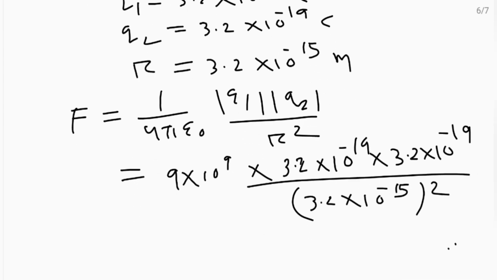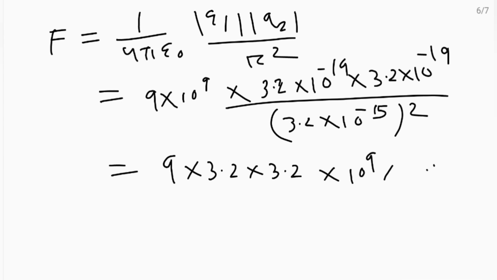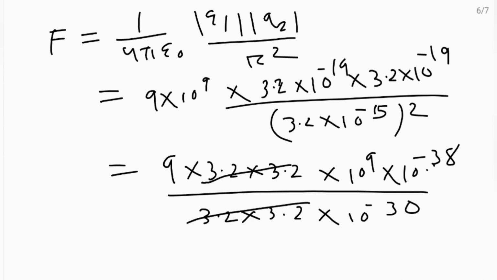So if we solve this, what value will we get? 9 into 3.2 into 3.2 into 10 to the power 9 into 10 to the power minus 38 divided by 3.2 into 3.2, it will be 10 to the power minus 30. So this 3.2 and this 3.2 will cancel out each other.